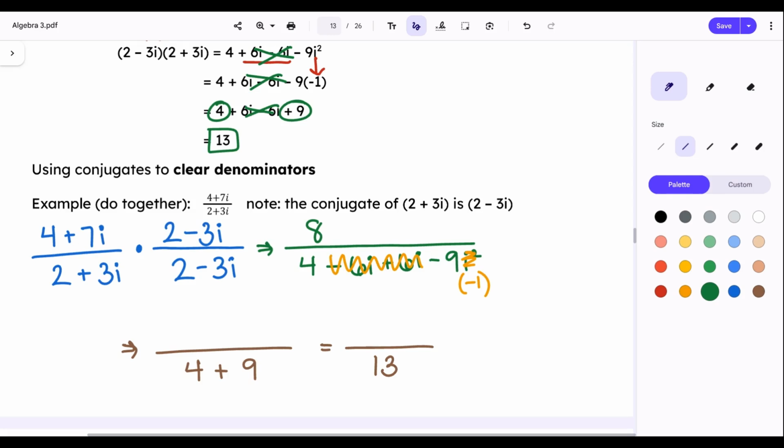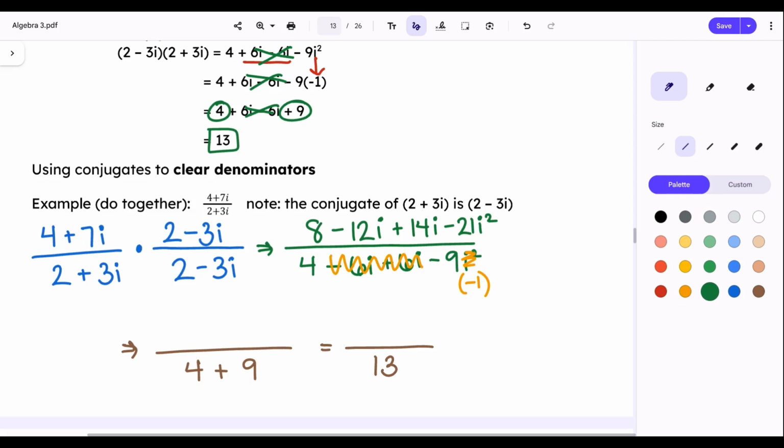Outside terms would be 4 times that negative 3i, so that's going to be a negative 12i. Inside terms would be 7i times 2, so that's a 14i. And then last would be 7i times negative 3i, which is going to be a negative 21i squared.